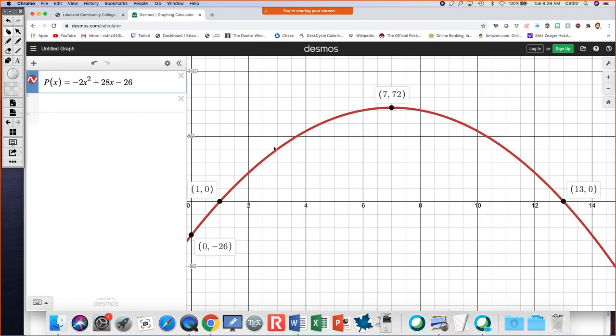So initially, the additional revenue is outstripping the additional cost until we get to the vertex. To sell 7 shirts, you'd have to set a certain price. We'd get a profit of $72. If we want to sell beyond 7 shirts, we're going to have to keep dropping that price.